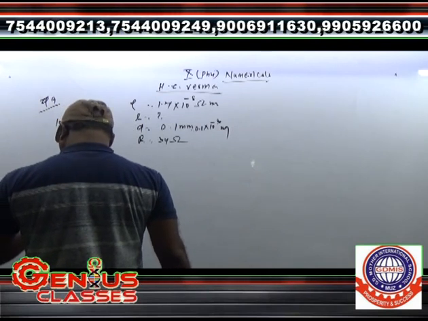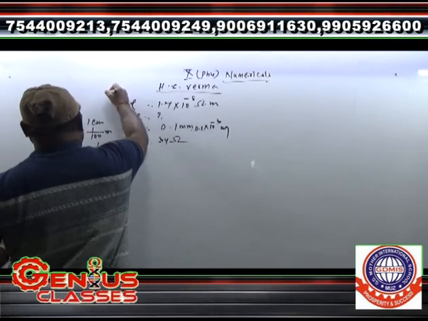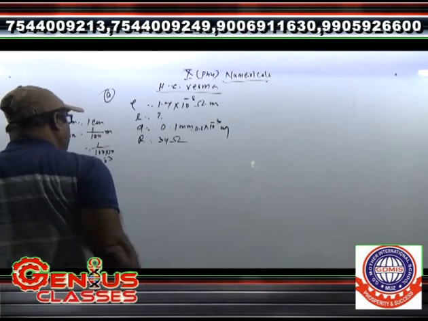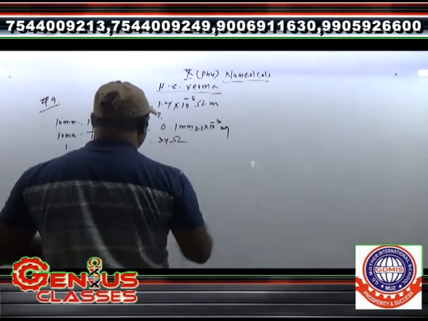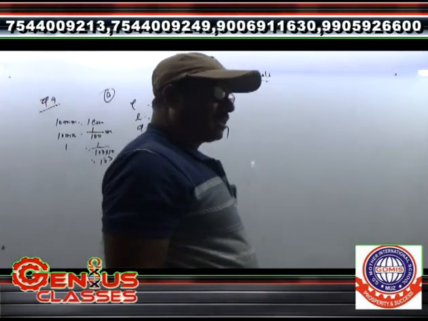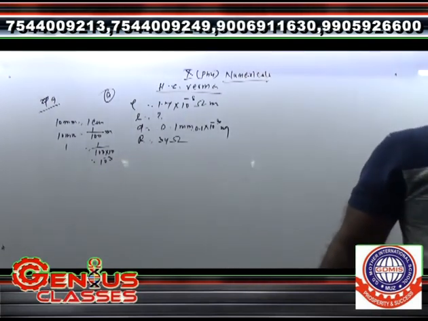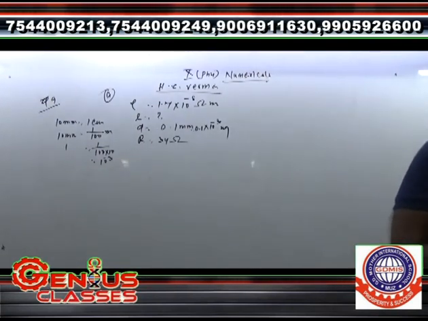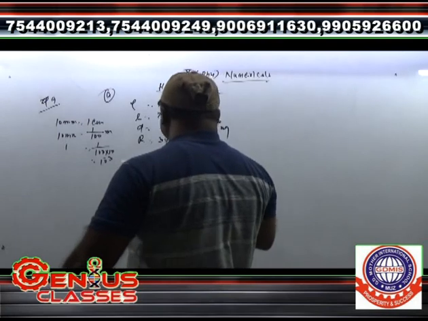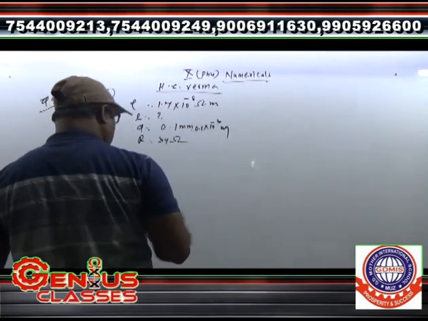Alright, another copper wire, this is the second part. We are going to discuss the first part. So the diameter and all these things are given. Here we are going to apply the formula.